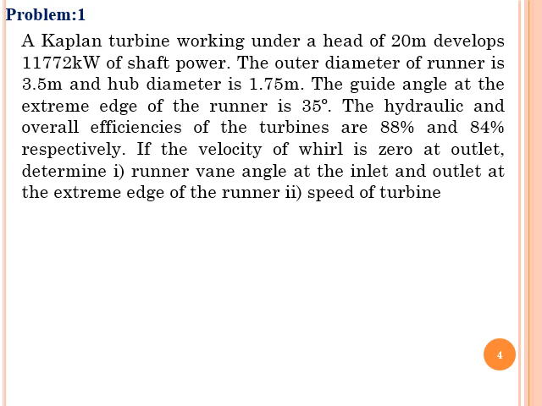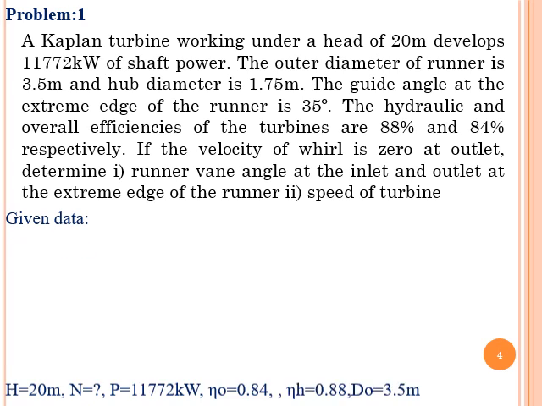Now we have to determine the runner vane angle at inlet and outlet of the runner, that is, what is the angle beta 1 and what is the angle beta 2. Then also calculate the speed of the turbine, N. So these are the given data.